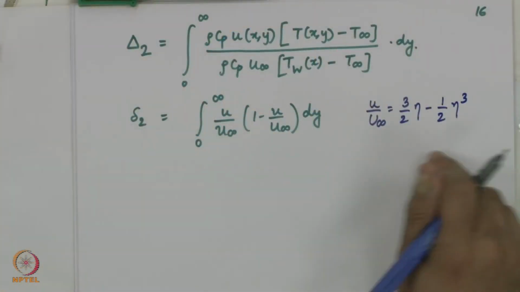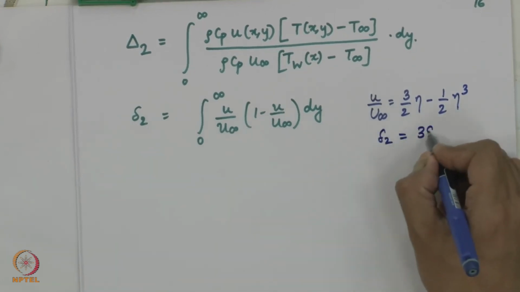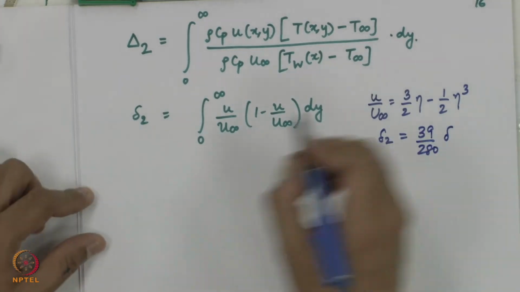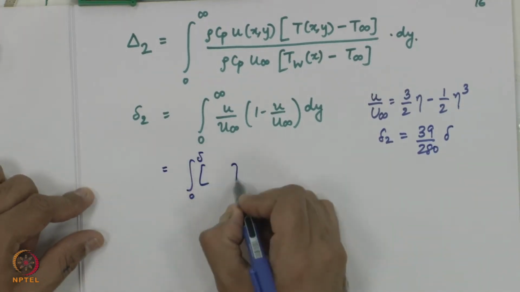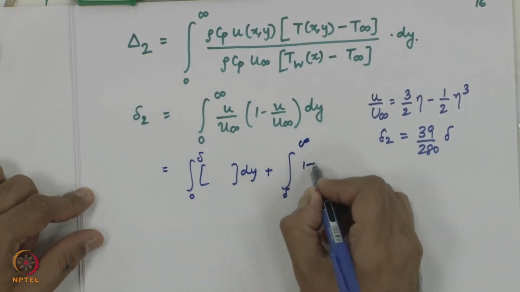This, I just needed the velocity profiles. Very good. We also did the third order velocity polynomial. We got u by u infinity is 3 by 2 eta minus 1 by 2 eta cubed. Went on, substituted, got an expression for delta 2 is 39 by 280 delta. Right? The logic is the same. You split this from 0 to delta and delta to infinity.